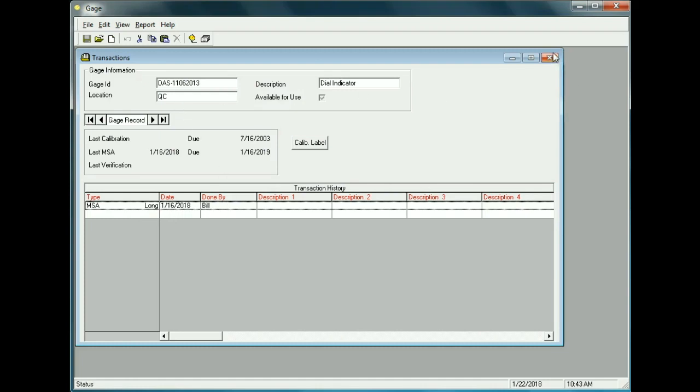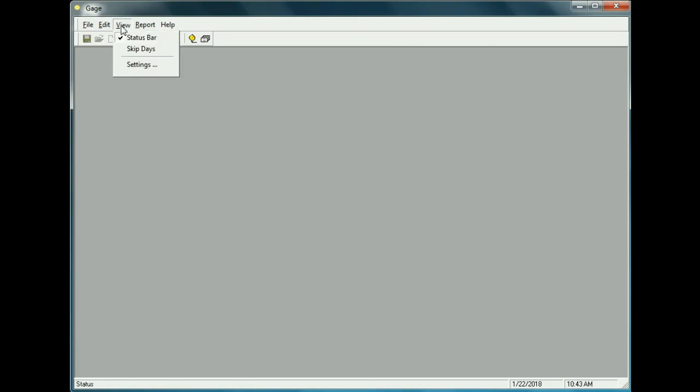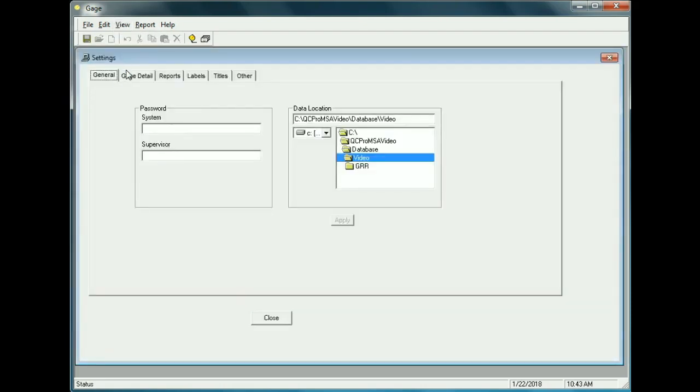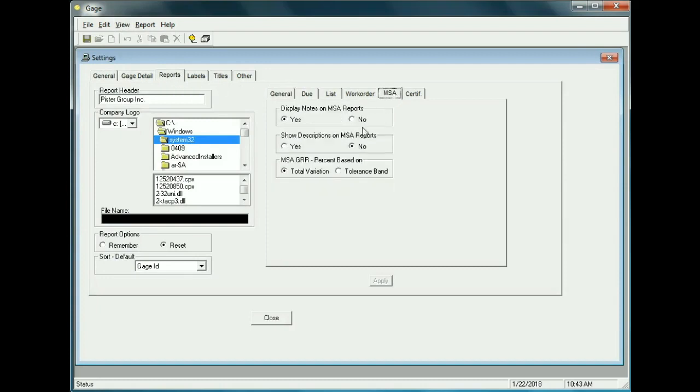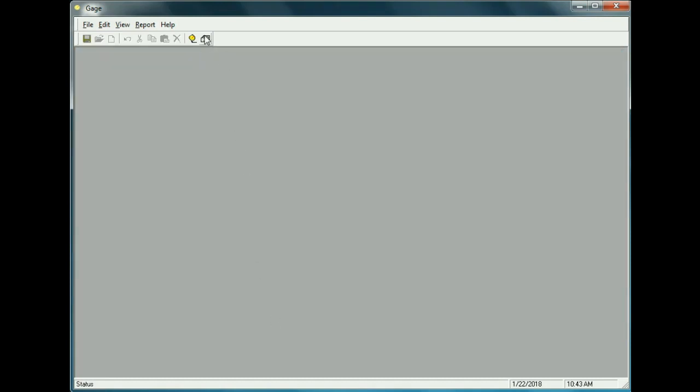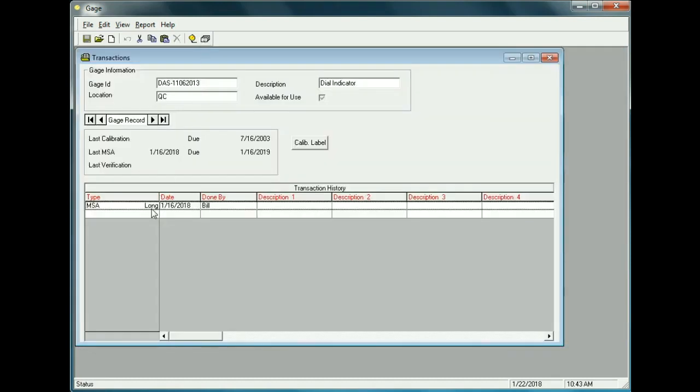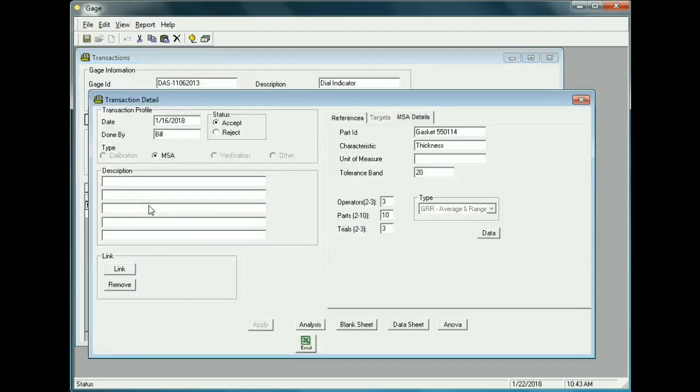We're just going to close this out for a minute and change a setting within the software. Specifically for the reports, we'll go to the MSA reports, and the MSA GRR percent based on, instead of being based on total variation, we'll change it to tolerance band. Click on apply, close this, go back into transaction, and we'll retrieve our existing transaction.